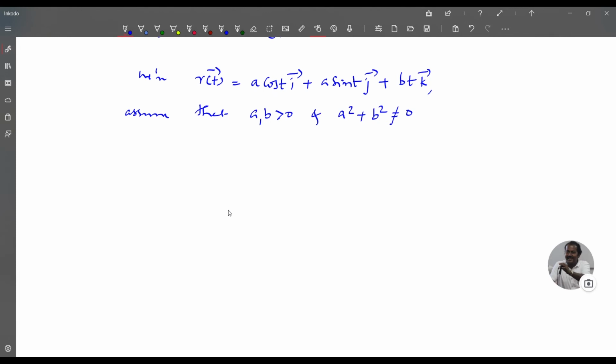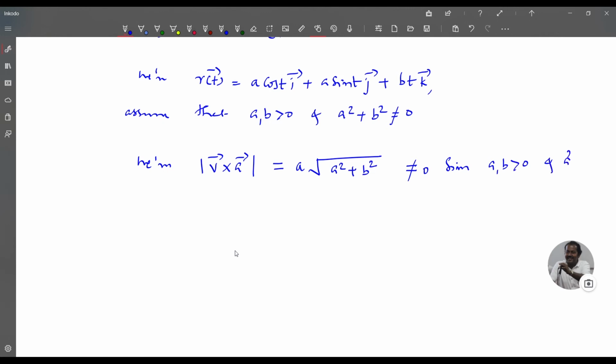We have modulus of v cross a equal to a into the square root of a square plus b square. And this is not equal to 0 since a, b are positive and a square plus b square is not equal to 0.